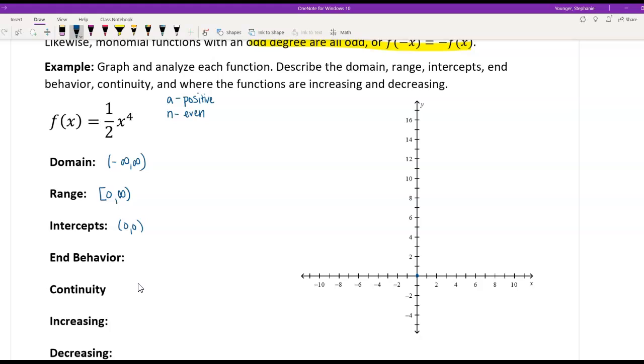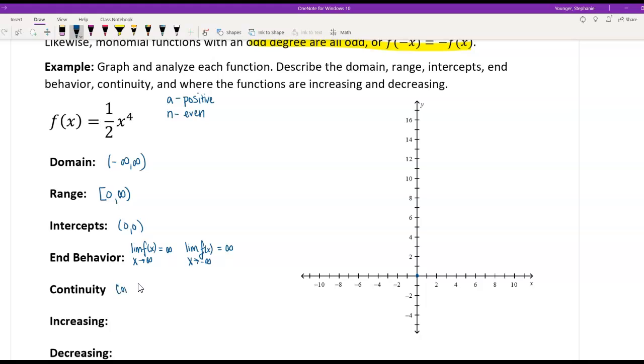My end behavior, the limit of f of x as x approaches positive infinity equals positive infinity, and the limit of f of x as x approaches negative infinity is positive infinity. And we get that all from the fact that a is positive and n is even.